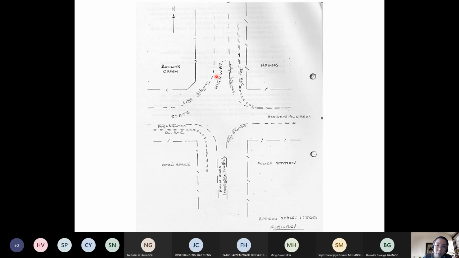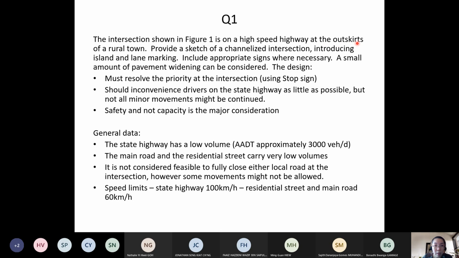And it's at the outskirts of a rural town, and it is very common in a rural town for speed to tend to be much higher. Traffic volume, traffic capacity is not an issue, but rather speed is an issue. And we have seen that the speed is 100 km/h, so it's really, really fast.